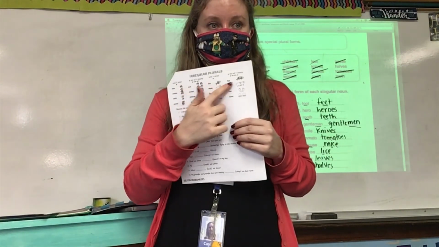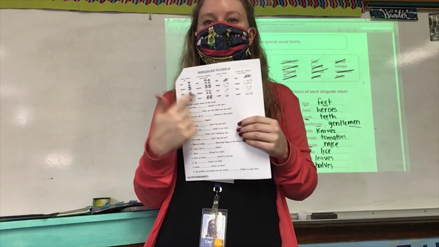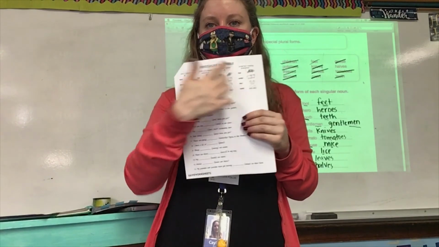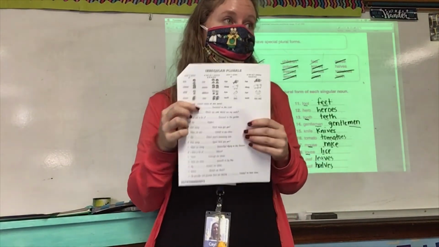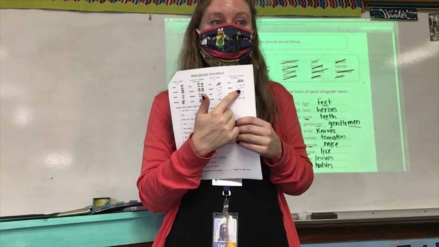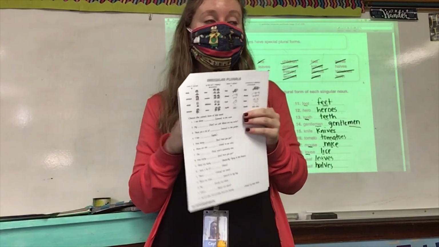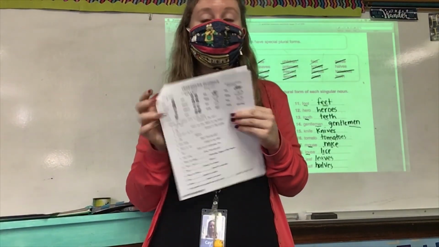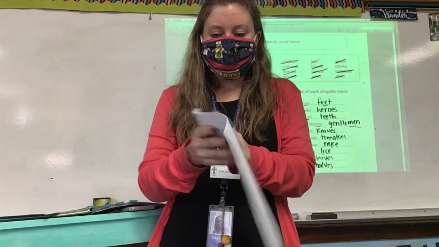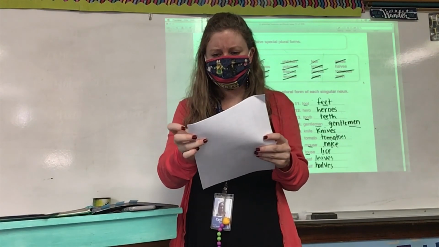If all of these show irregular plural nouns, what type of plural nouns do you think if the word is not in this word bank? Regular. So if it's not in this word bank, which rules are you going to follow? The irregular or the regular plural noun rules? Michaela? The regular. So go ahead and put all of that in your return to school folder.